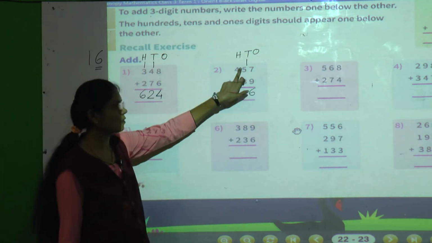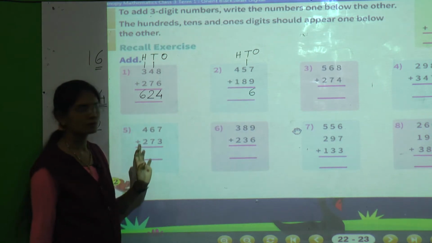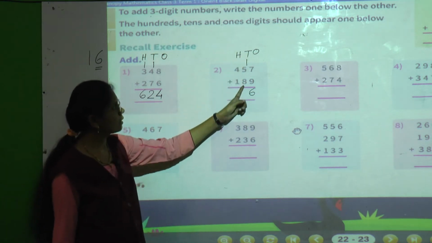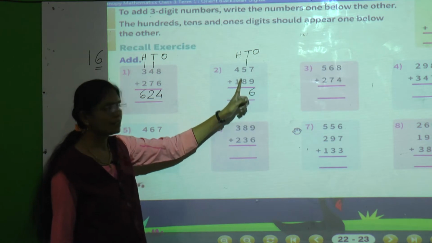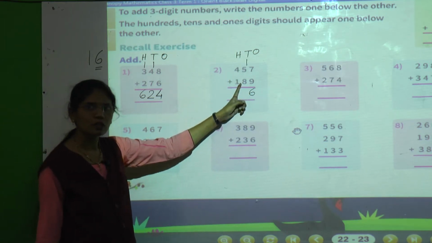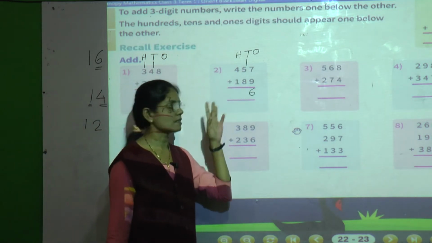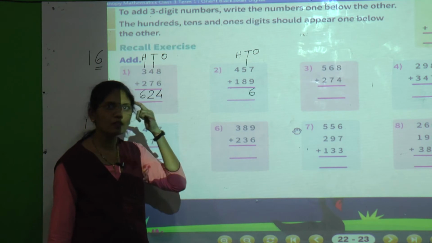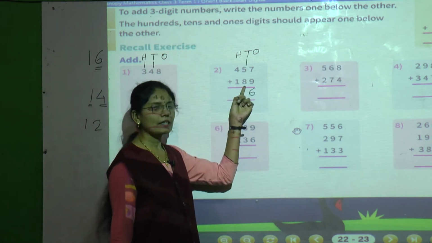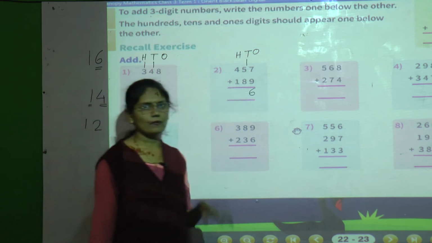At the tens place we will give the carry. Now see the tens place numbers. At the tens place 3 numbers are there: 1, 5, 8. Now all these 3 numbers we have to add. First, which number will we keep in our mind? Yes, this 5. And show your 8 fingers. Okay. After 5, count 8 fingers.